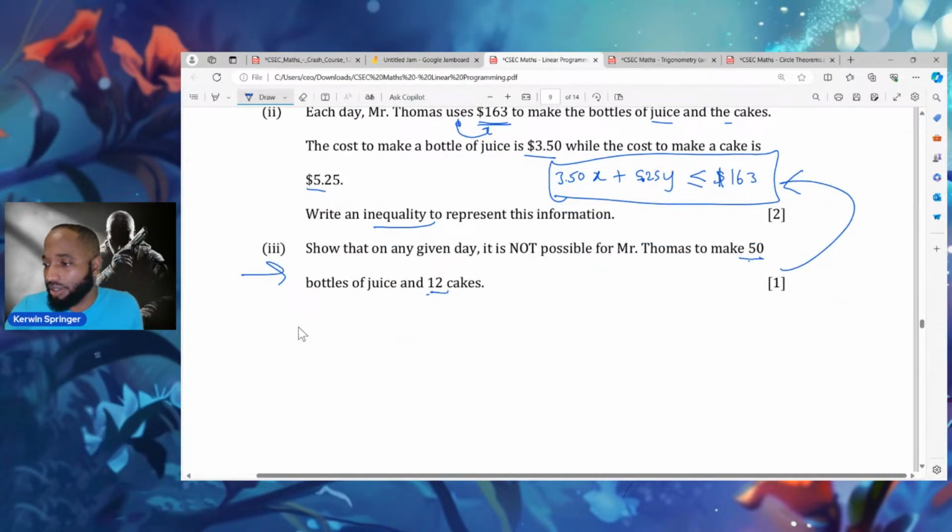So let's see. For 50 juice and 12 cake, what is he going to need? He will need 350 times the 50 juice plus 525 times the 12.